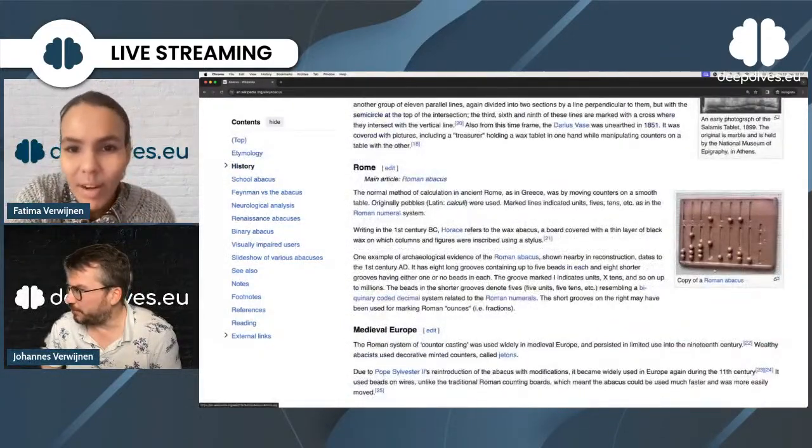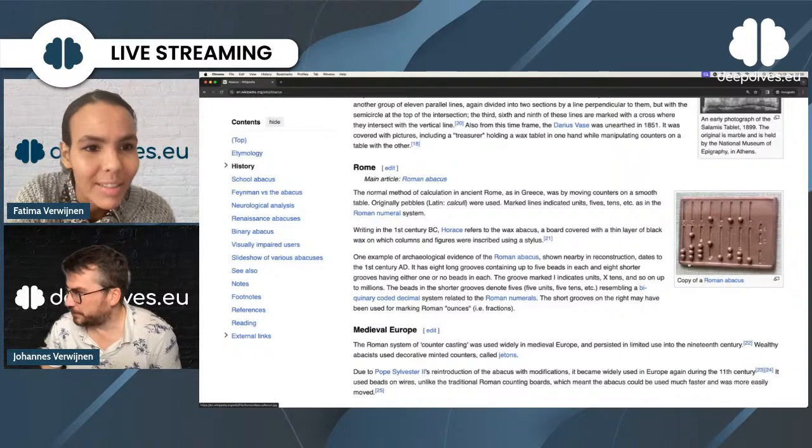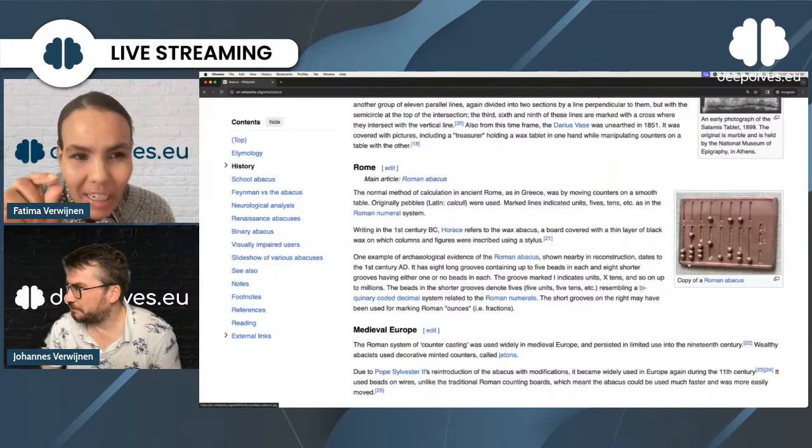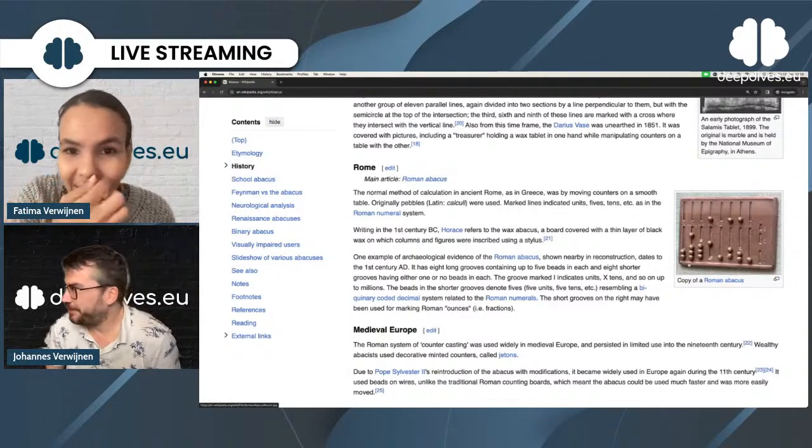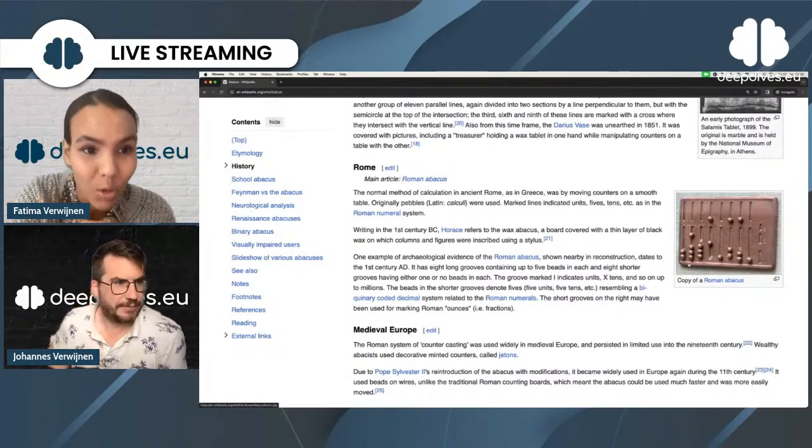Here we have a Roman example. So we have these little balls. What is it? Little tiny balls. Markers. Yeah, markers, that you would slide. We would use them to count.